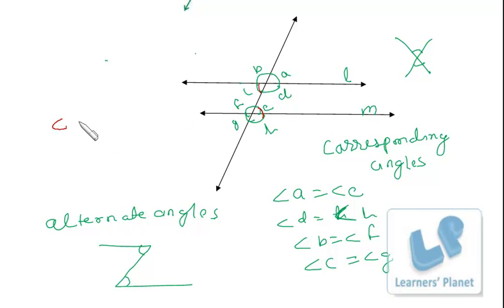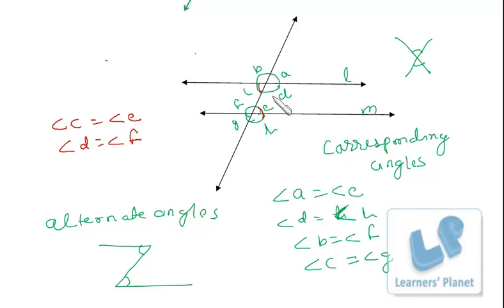So angle C is equal to angle E. Similarly, we have angle D is equal to angle F. These are known to be alternate interior angles, right? Because all of them are on the inside of these parallel lines, right?